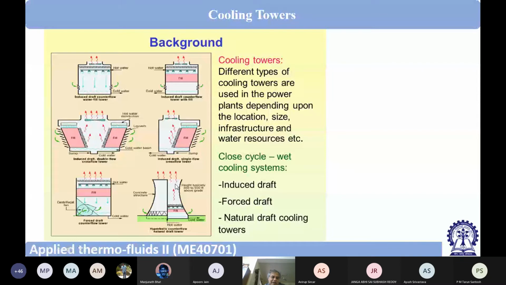Forced draft cooling towers are generally small. Not many designs are there with very large volume or capacity of the cooling tower. Here some special cooling towers are there.